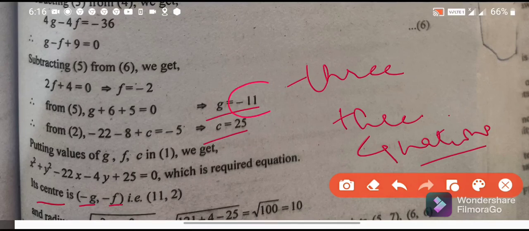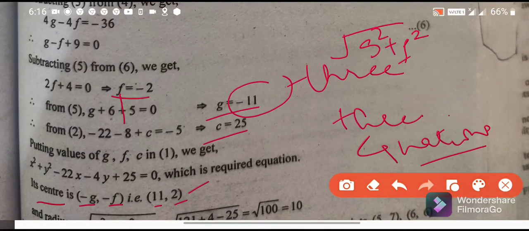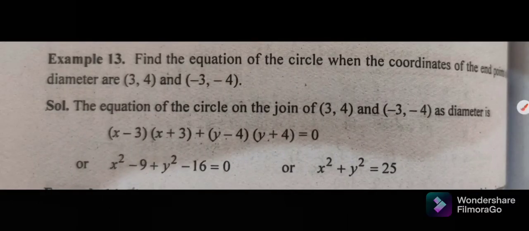Now g is equal to minus 11, so minus g is equal to 11, and f is equal to minus 2, so the center is (11, 2). Next is the radius. Radius is equal to under root of g square plus f square minus c. Now by using the values of g, f and c, we will calculate the radius of the circle very easily.